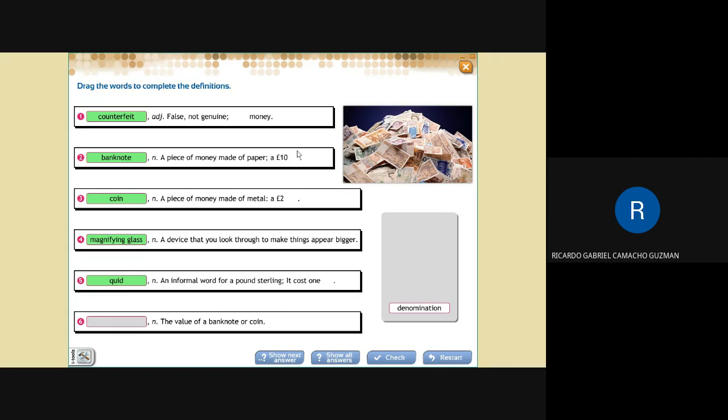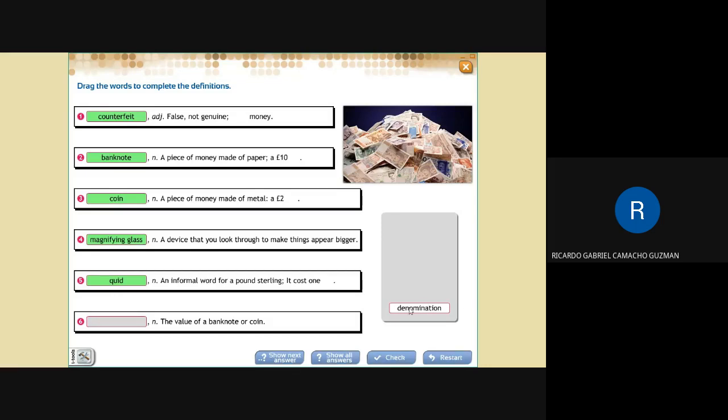Y es este símbolo medio extraño que parece el euro, pero no es un euro, de hecho es una libra esterlina. ¿Qué es lo que sucede aquí? Que la palabra quid vendría siendo el equivalente a decir una libra. Es como cuando nosotros aquí en México le decimos varo al peso. Préstame 50 varos. Es lo mismo. Y en inglés puedes decirlo de esa manera. 50 quid vendría siendo el equivalente a decir 50 libras.